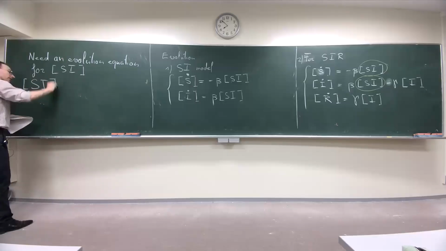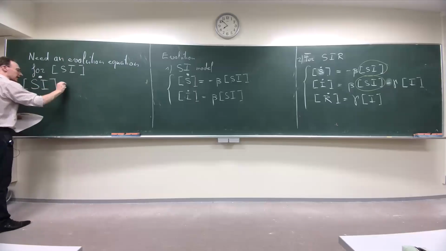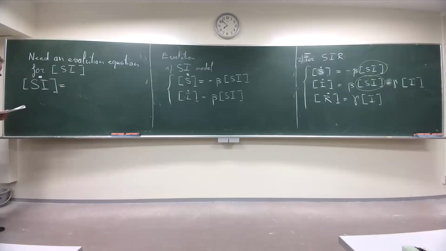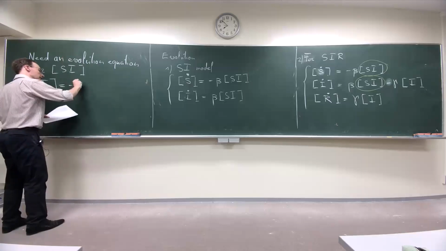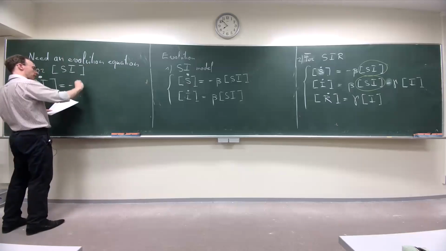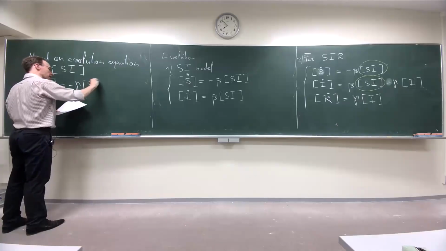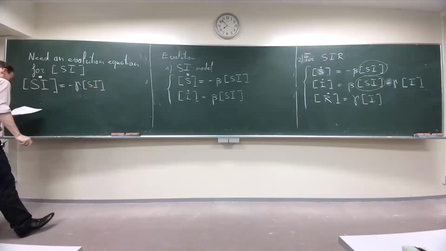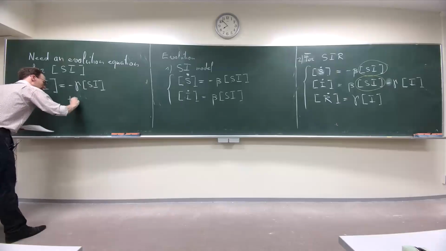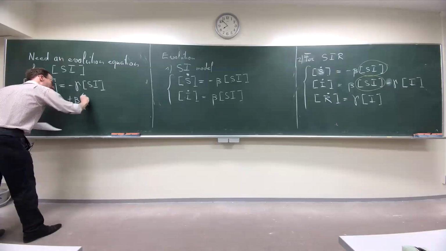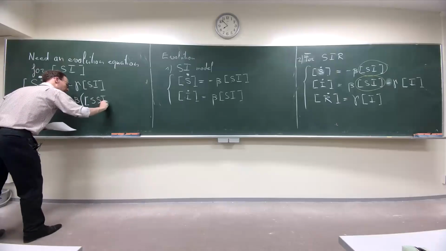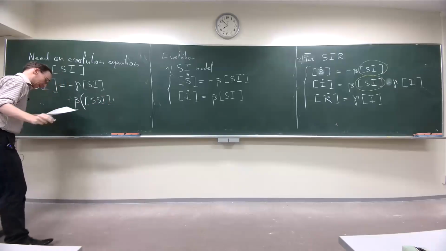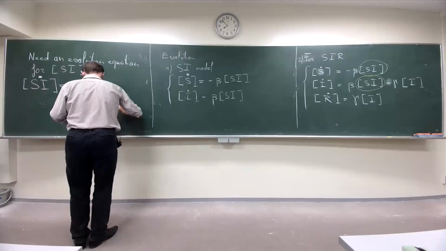So the variation of SI, I'm going to give you the solution. It's minus gamma times SI plus beta times SSI plus, oh no, minus.